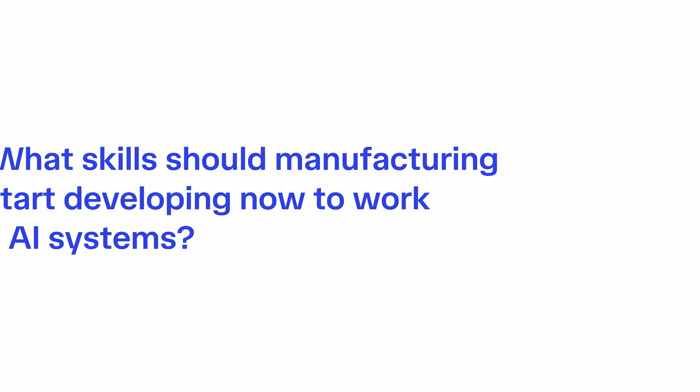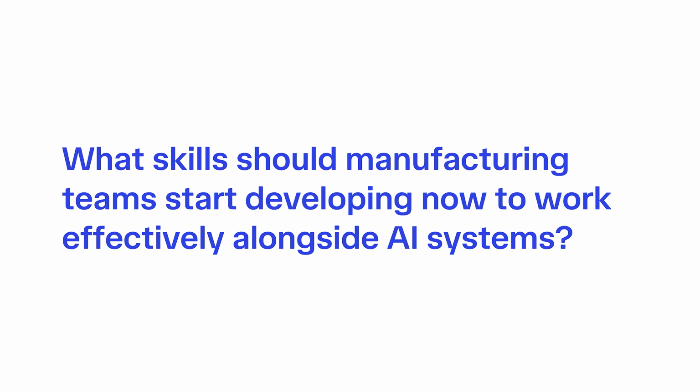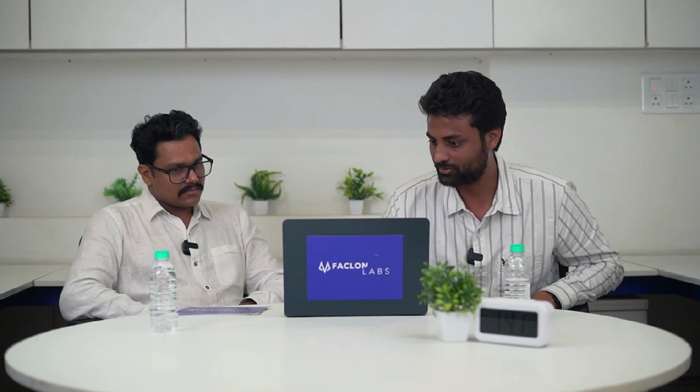Yeah. Another question we have is, what skills should manufacturing teams start developing now to work effectively alongside AI systems? Okay. Skills maybe would be around having those processes set up. First thing is to start using whatever you like, be it OpenAI or Claude.